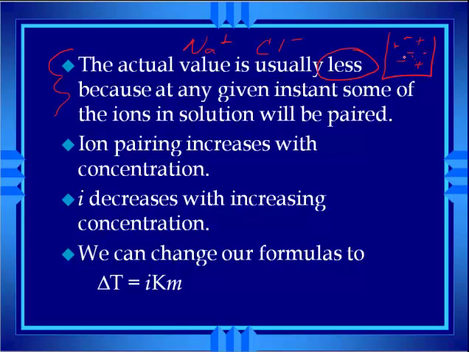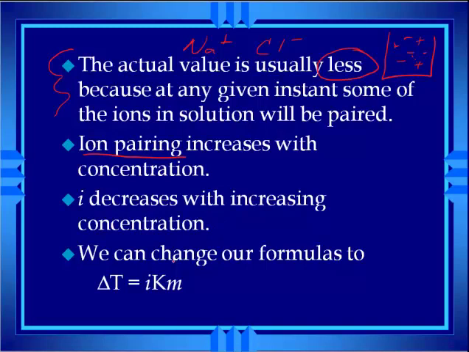And when that happens, I like to think of it kind of like London dispersion forces, but instantaneously, they're going to pair up. Now, if 2 things pair up, then you have 1 thing, right? And colligative properties depend upon how many. So because we get what's called ion pairing, the value is a little less, all right?